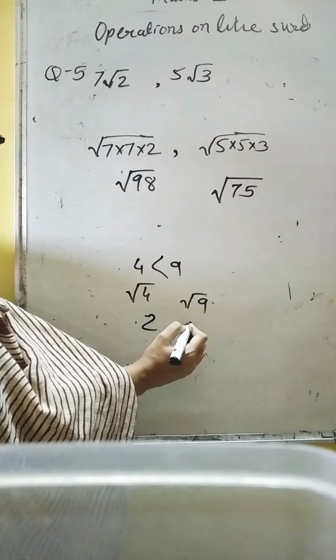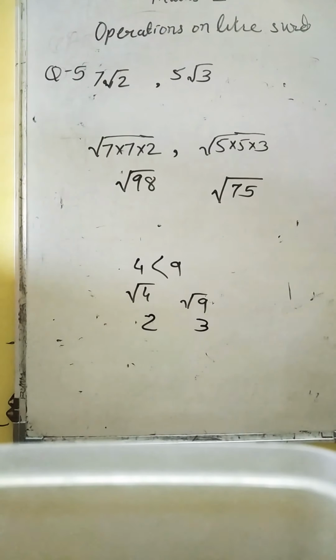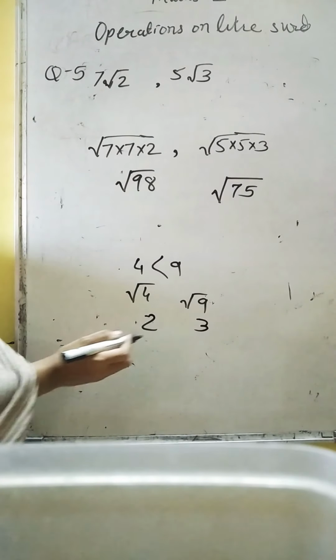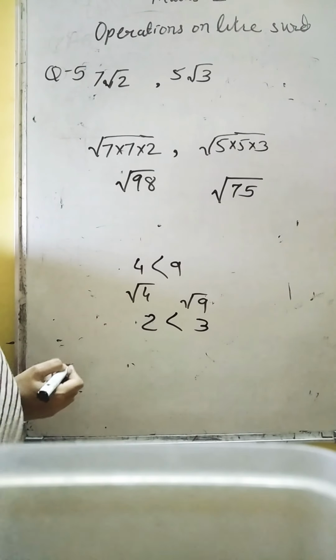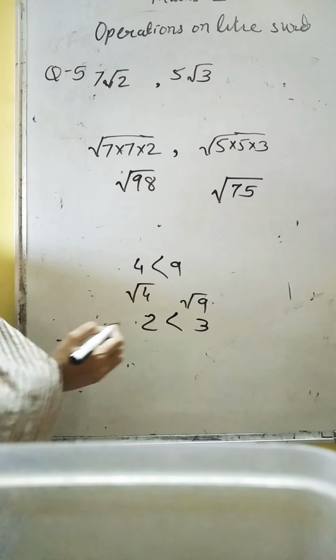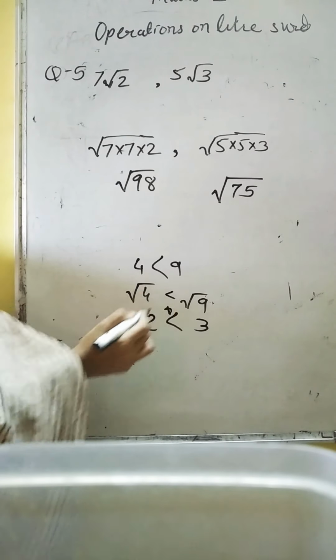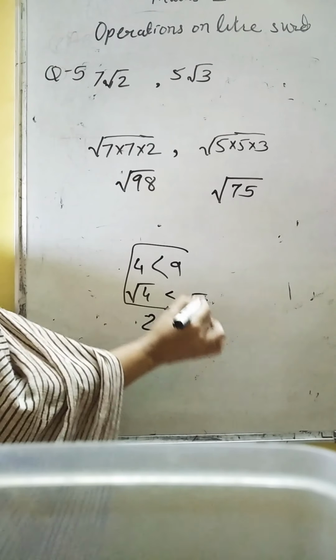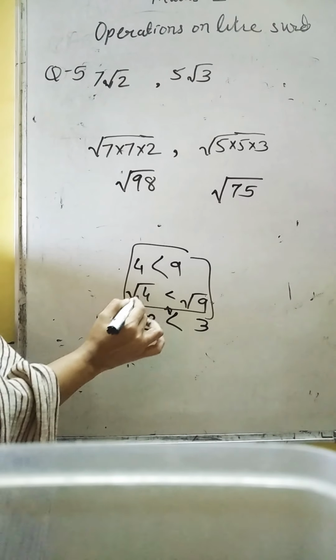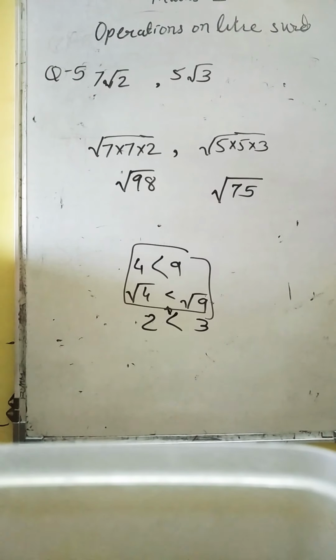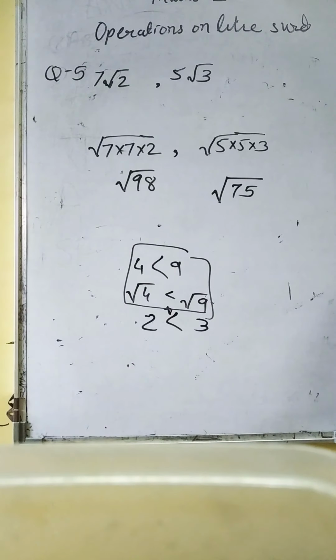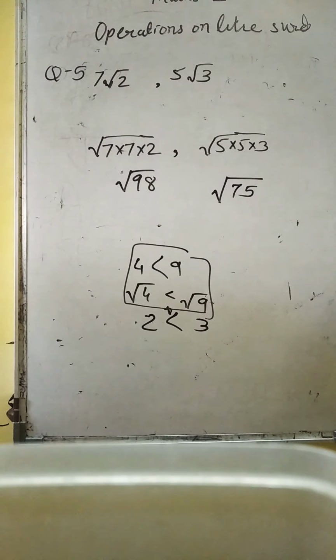What is the square root of 9? 3. What is the relation between 2 and 3? So can I write this sign here also? So when 4 is less than 9, root 4 is less than root 9. See, is the argument clear to you? Are you able to follow this argument?